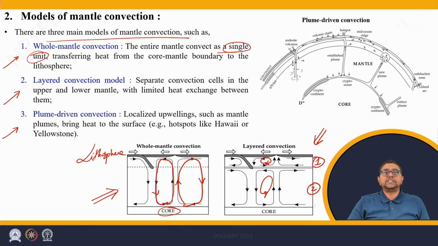The third mechanism of mantle convection is plume-driven convection. Plume-driven convection means that convection is being forced from the core mantle boundary surface. This is illustrated using this figure.